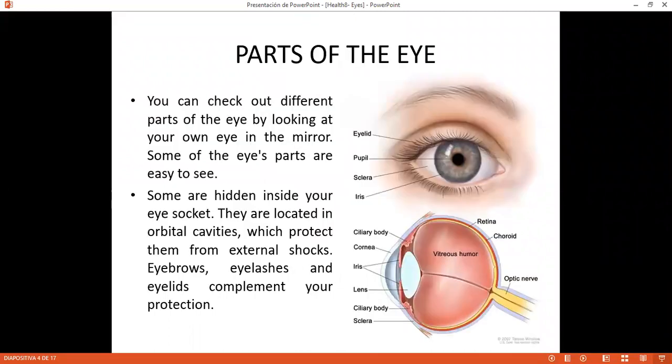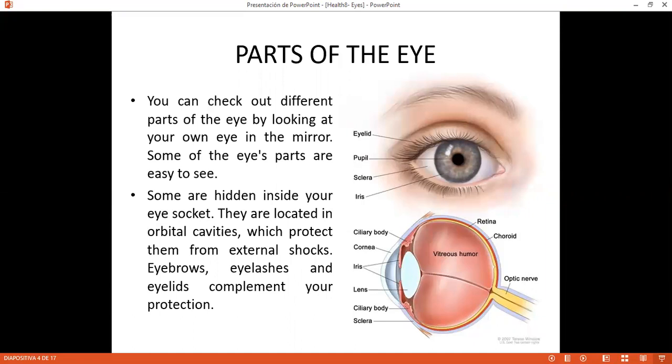We have several parts of the eye. We have outer parts that you can see just by looking at the mirror or checking somebody else's face, and they're very easy to see. And we have other parts that are inside our eye socket, which is inside our skull also.